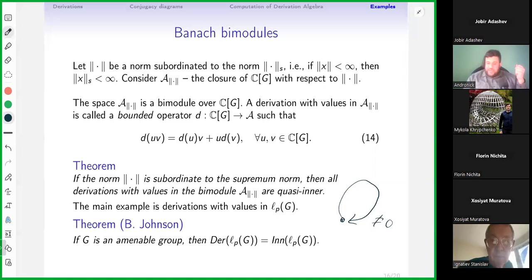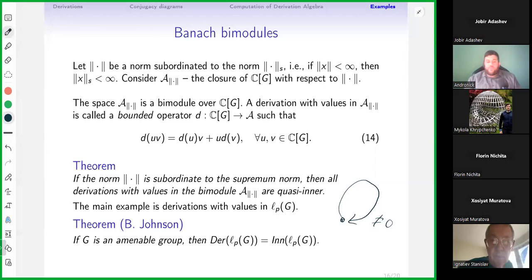And again, for example, Johnson proved that for amenable groups, all derivations are inner. And if the group is not amenable, then the corresponding group algebra derivations are not inner.